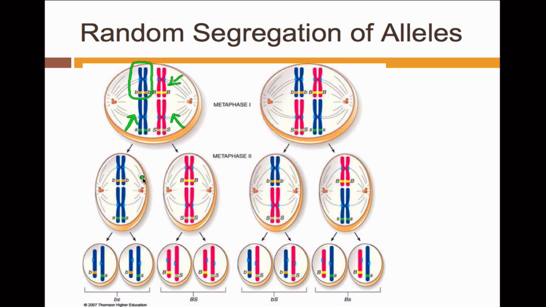It's completely random. And so when those sister chromatids split and they go into these gametes, it's a random process. It can go into any one of these gametes, and each time that it splits, it could be different. It's completely random how those alleles go into the gametes because of how they line up in metaphase.